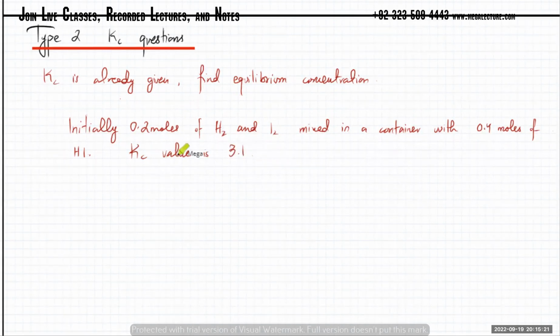And you're now being asked to find the concentration of reactants and products at equilibrium.